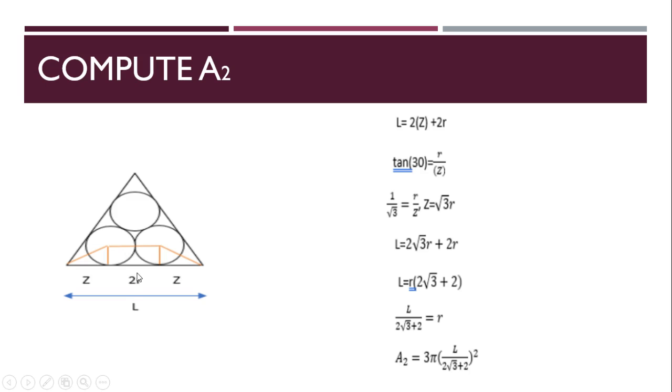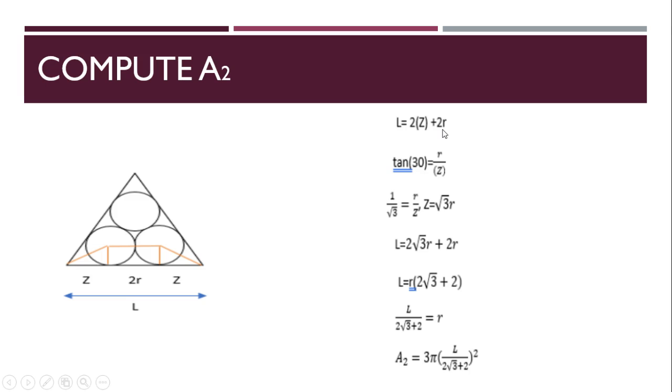That would be 2r. So our whole length would be 2z, this z and this z right here, the length of this right triangle and the length of this right triangle. And then we have our 2r, which is one radius of this circle and another radius of this circle because we're accounting for two circles. So our new length would be L equals 2z plus 2r.